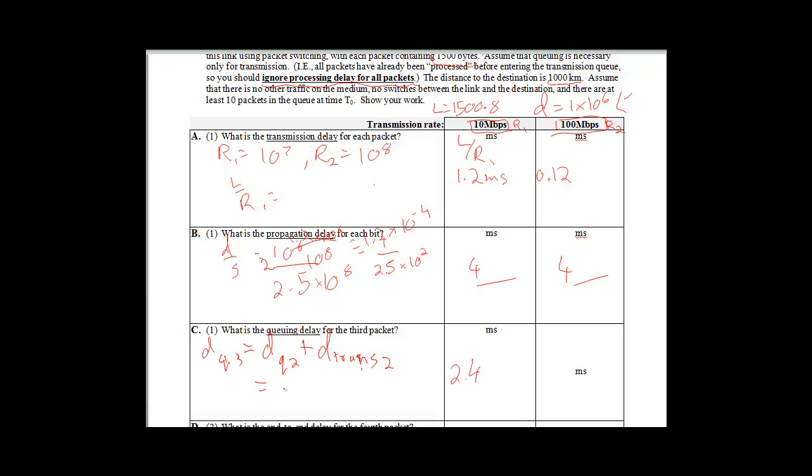The queuing delay for the second packet is d trans 1. So here we have d trans 1 plus d trans 2. They're the same size, so they have the same transmission delay. So 0.12 plus 0.12, we have 0.12 milliseconds. Or sorry, that's wrong. 0.24 milliseconds.